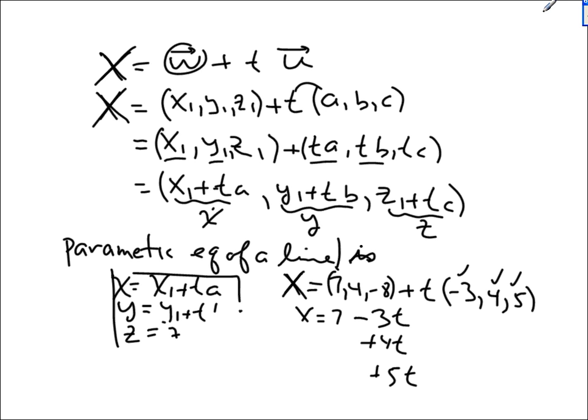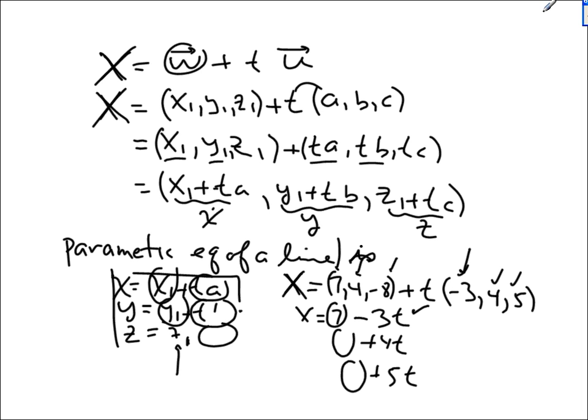Remember, that's x1. Well, that's what I put. And then y1 is 4. That's what I put. And then z1 is last, which is negative 8. And then I always added t times the number.